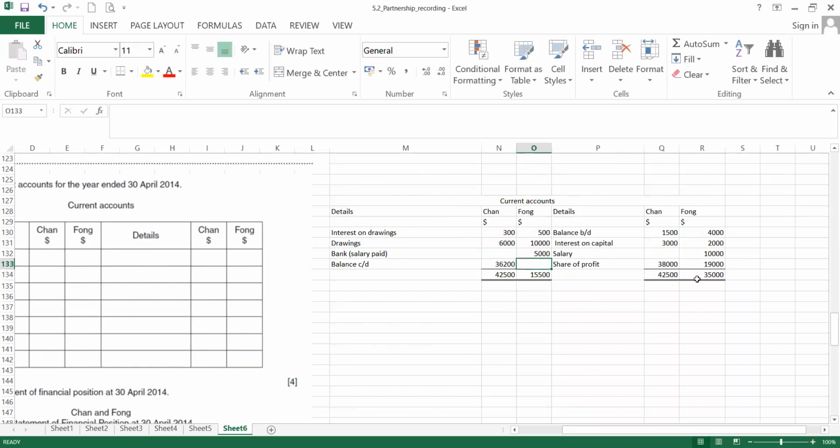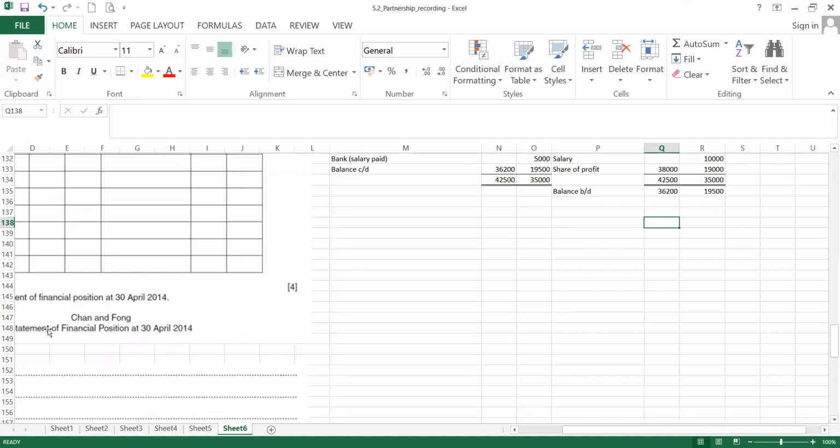The balance carried down and balance brought down must be complete. Okay, that's the debit and credit concept. We are done with the current account.